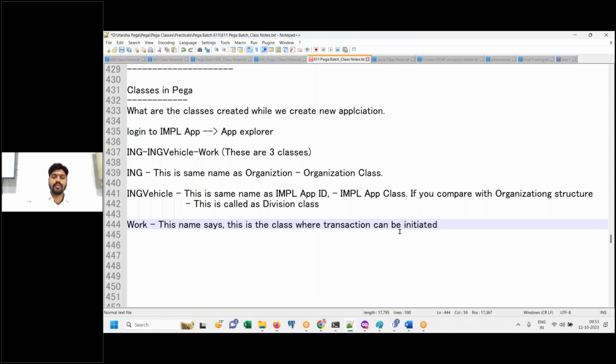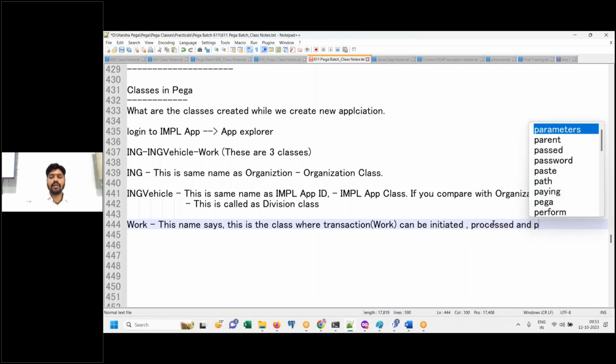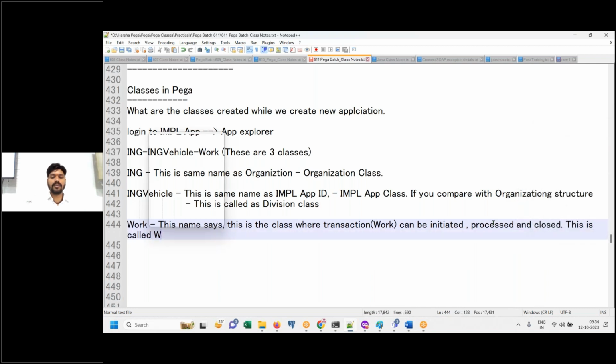Transaction means work, in that sense they have given it. Initiated, processed, and closed. In short, you call it the work class.